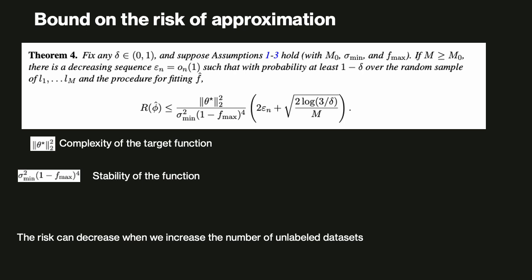And on the right hand side, the epsilon provides an error bound, and as n, which is the number of unlabeled data set, increases, we also see that the epsilon goes lower. And then as m, which is the number of landmark documents, increases, we also see that the risk decreases.